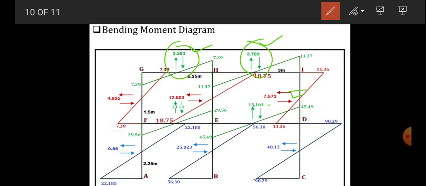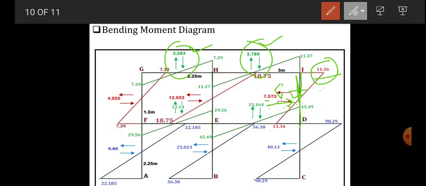So for the column, these are the shear forces 7.573, and they are taken from the joint calculation, and the half distance of a column that you take to find out the bending moment of a column. So 7.573 into half distance of a column, you will get 11.36.